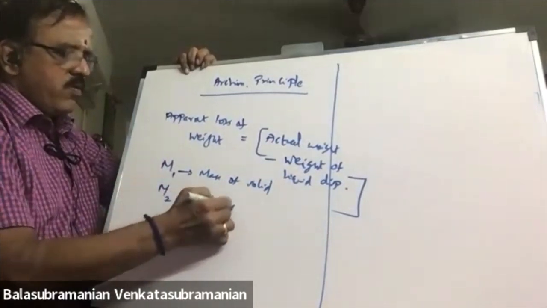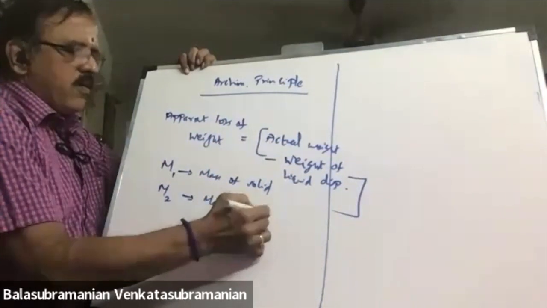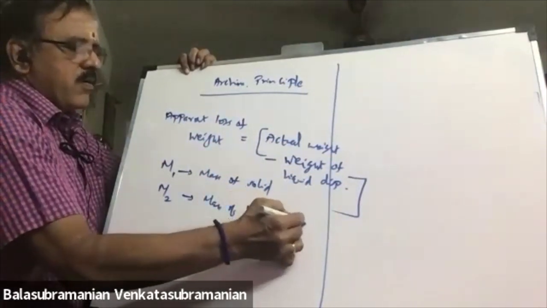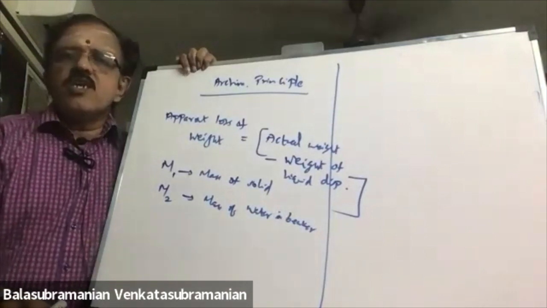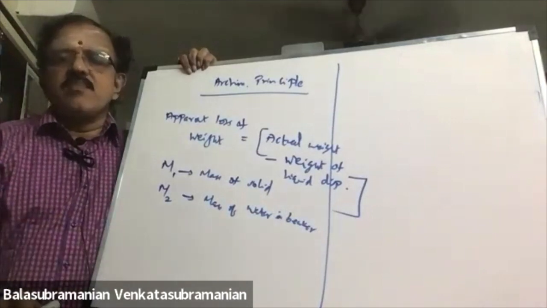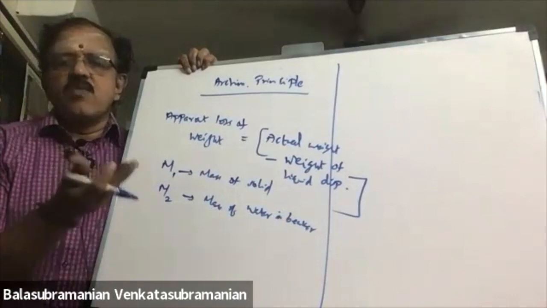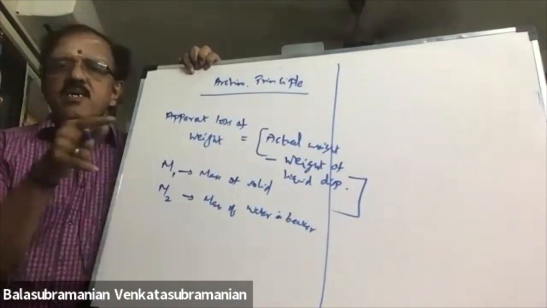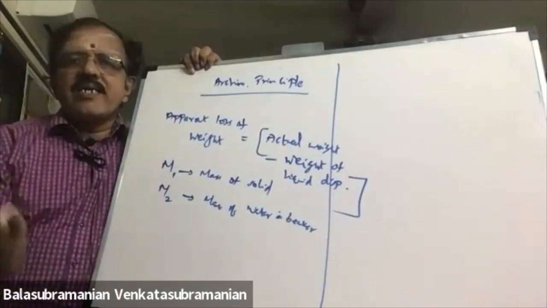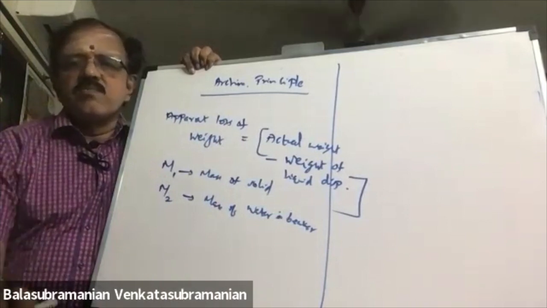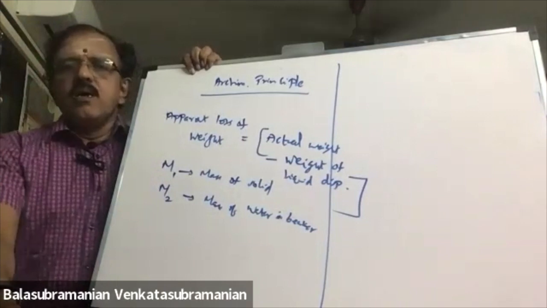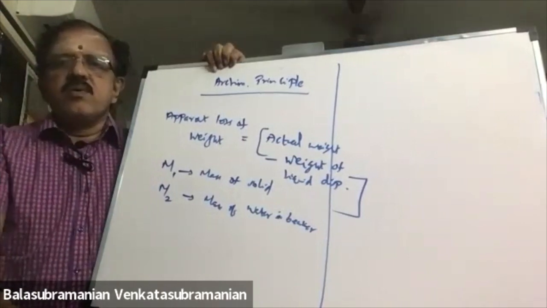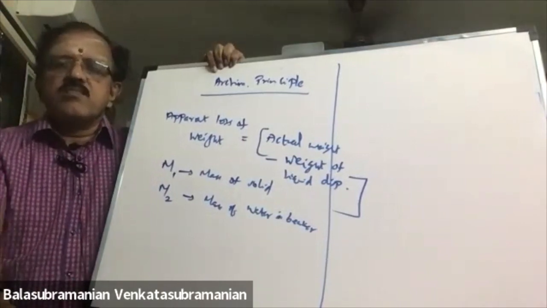Mass of water in beaker. Using physical balance only, you are calculating the mass. The object, the water with the beaker on the left pan, right hand side pan, you are adding the mass. At one time, these two will be equal. So you can calculate the mass of the beaker with water.